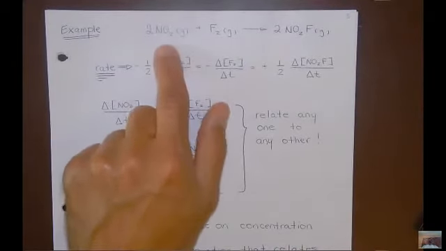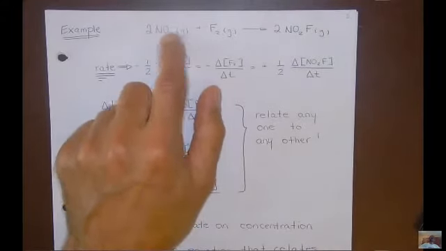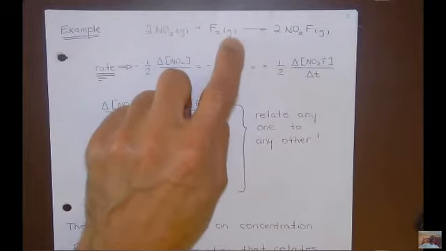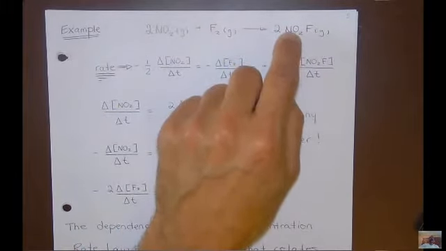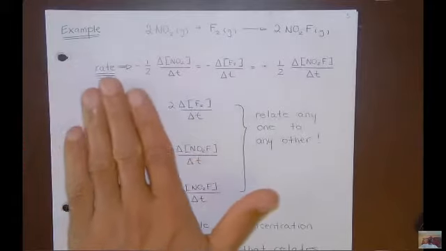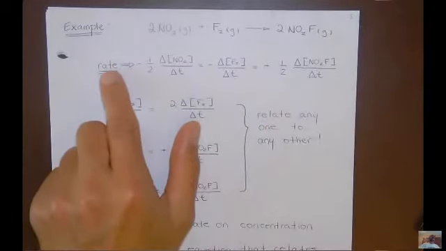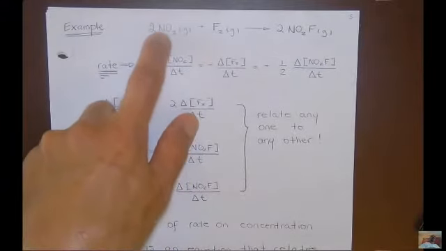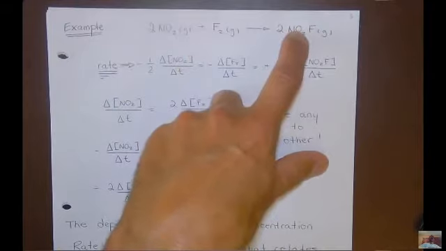Okay, this is a gas phase chemical reaction. 2 NO2 react with F2 gas to make 2 NO2F gas. Okay? All right, let's blindly follow our rules, right? So what is the relationship between the rate at which this disappears, the rate at which this disappears, and the rate at which this appears?